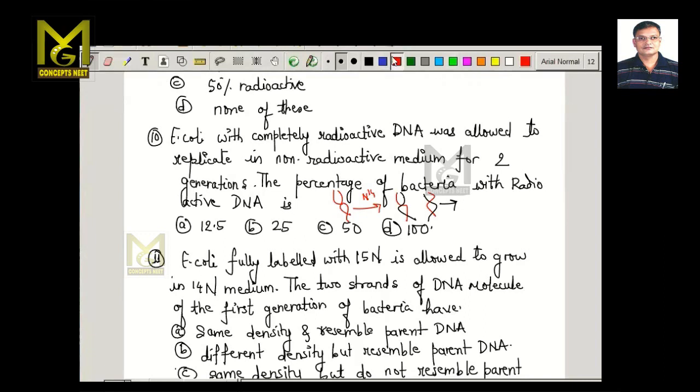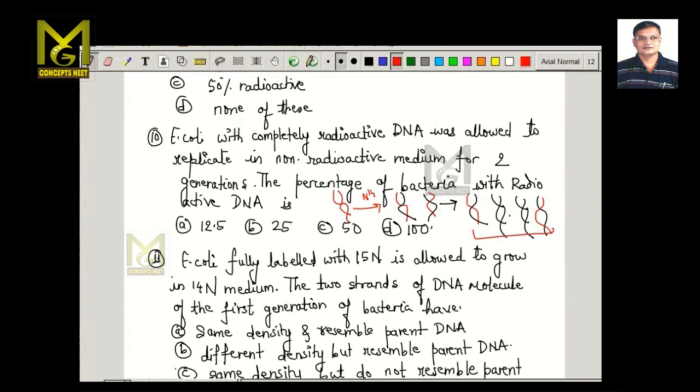In the second generation, again we have this strand, and this will replicate again. And what we get here? We get a new strand here, and this is the old strand with N14. And again we will have this, and we will have the old strand. If you look at the total composition of DNA, what you will find?